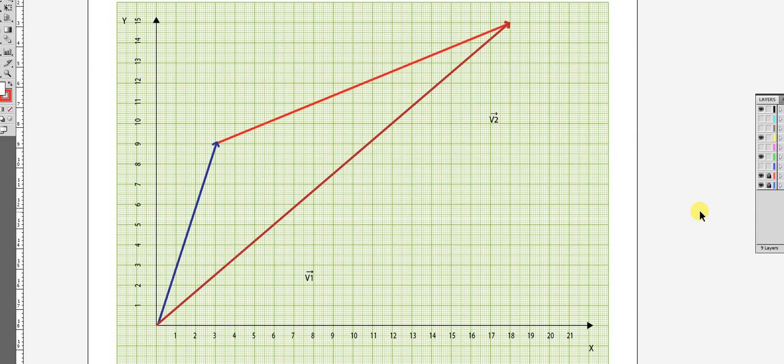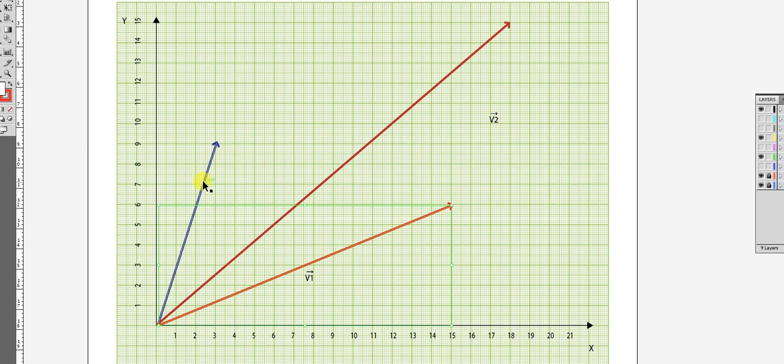Now, in adding vectors, we are just literally reorganizing the vectors, and then finally finding the result from the first tail to the last head. I can do it like this, or I can bring this vector in here.